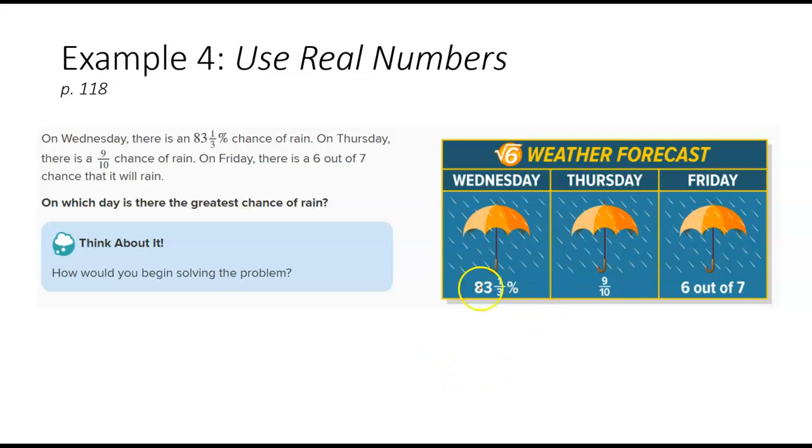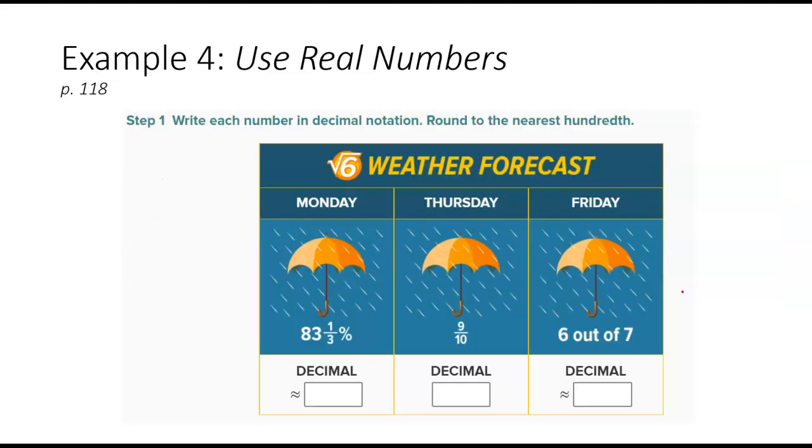So here, 83 1/3%, 9/10, or 6 out of 7. So again, the first thing we want to do is write everything in decimal notation.